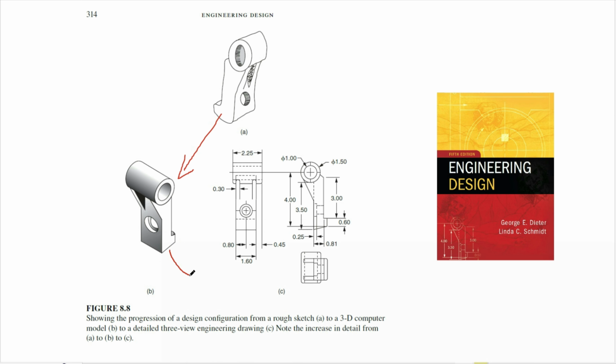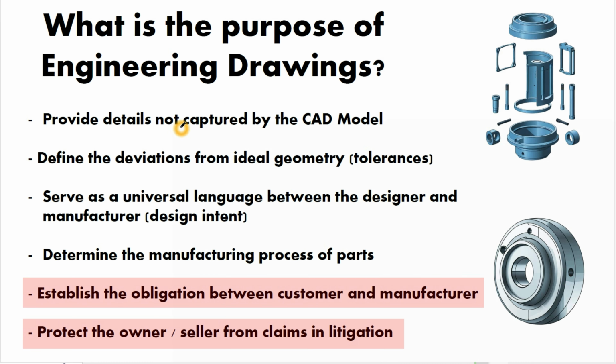Then you convert that concept into engineering specified details. That way you can manufacture it. So as the engineering drawing is being developed, more and more detail is added, and that's kind of represented in figure 8.8. And more detail can be found on page 314 and in that same chapter.